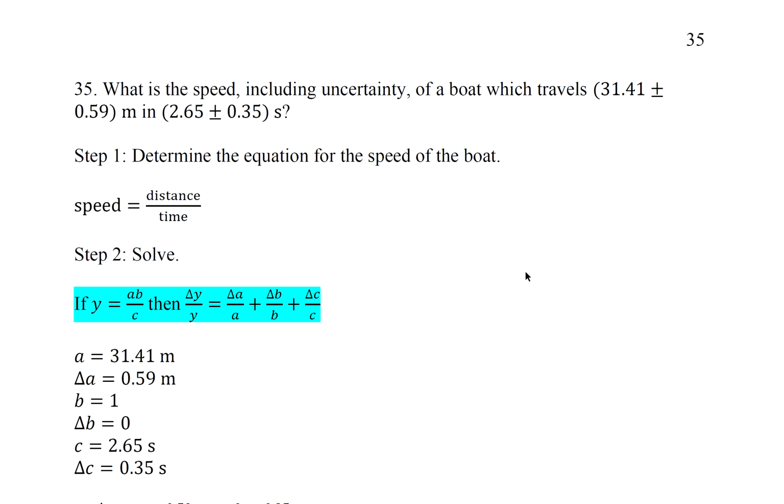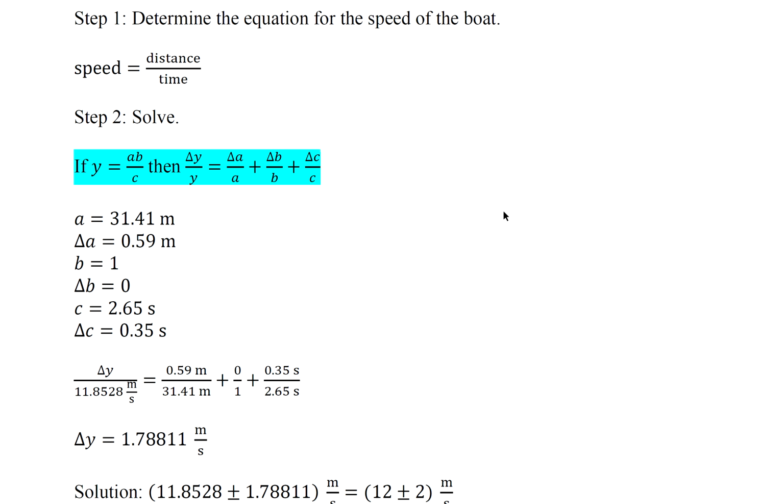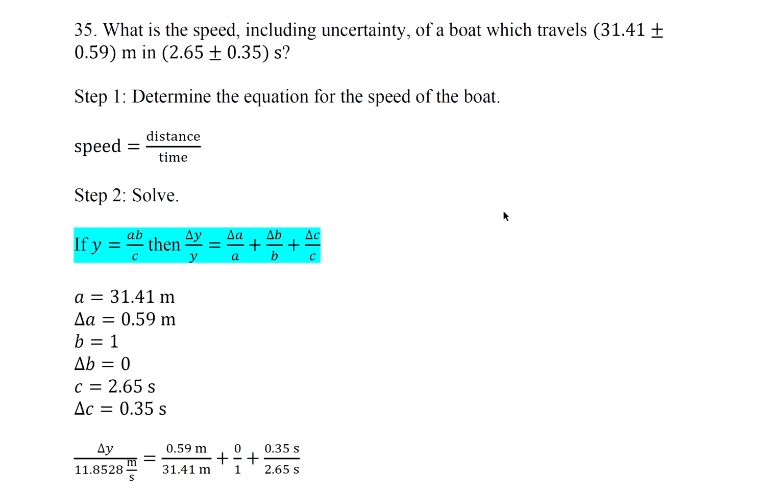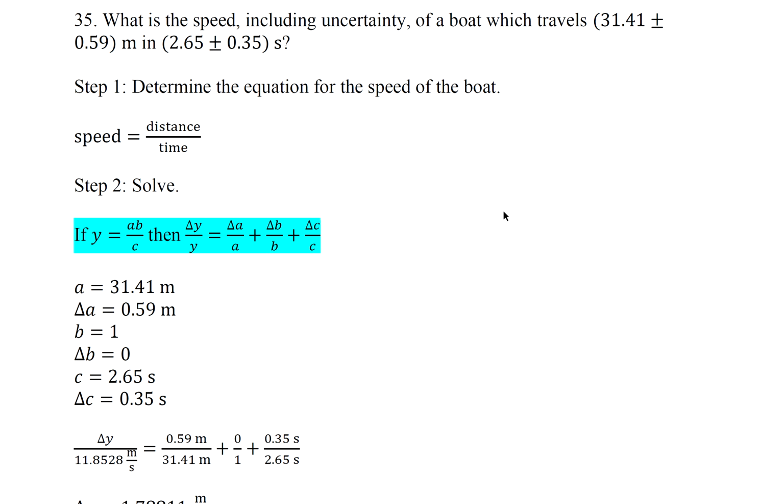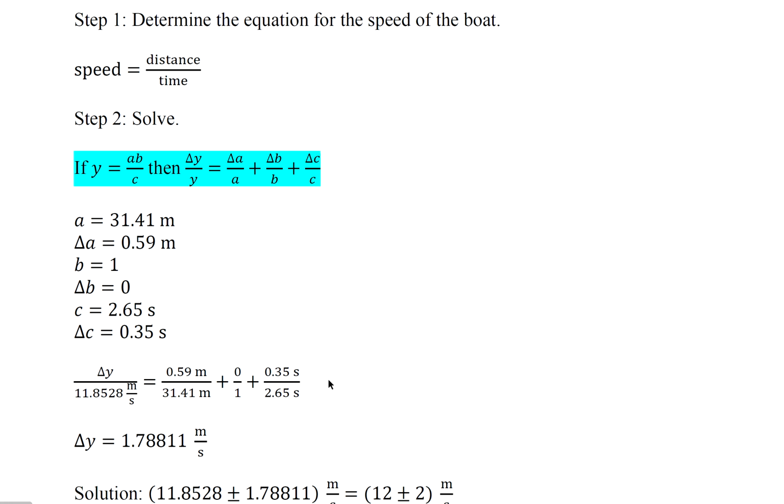So b is 1, delta b is 0. Sorry, the answer is going to be meters over second. So it's going to be 31.41 divided by 2.65. That's meters over second, and that's 11.8528. So that's y. Then we plug in everything to the equation to get delta y.